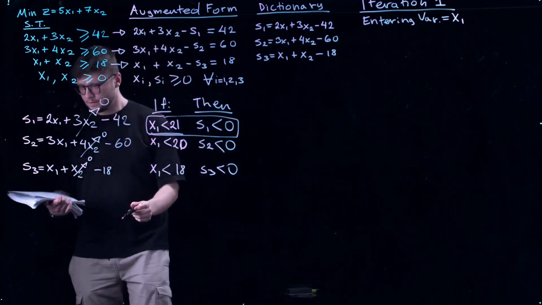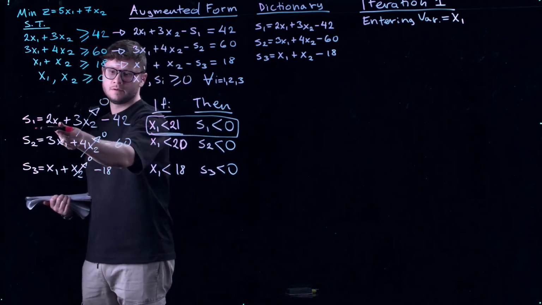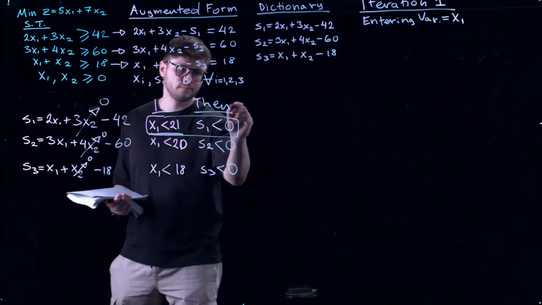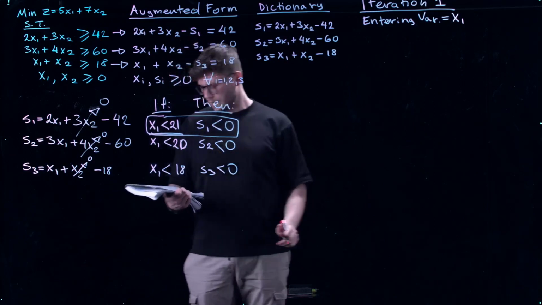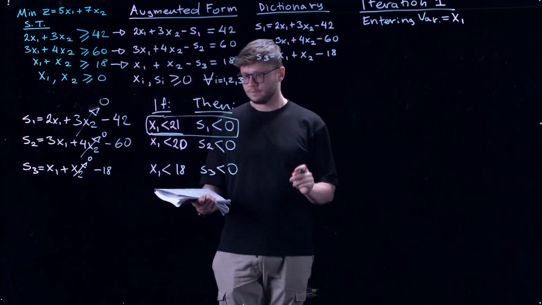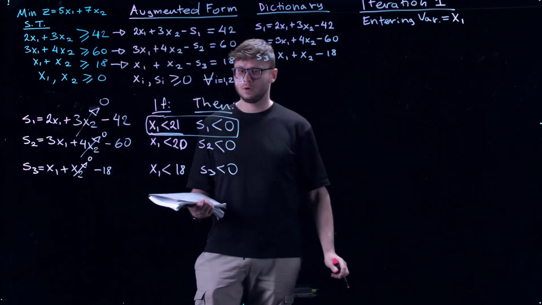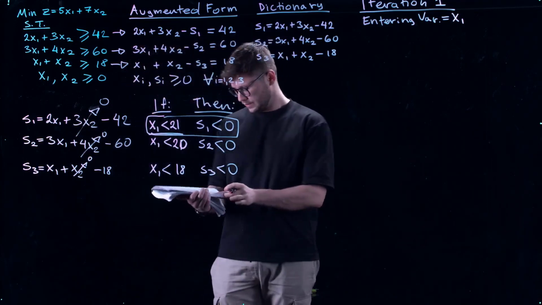So now we take the constraint that corresponds to that if-then comparison, and we solve for the entering variable x1.